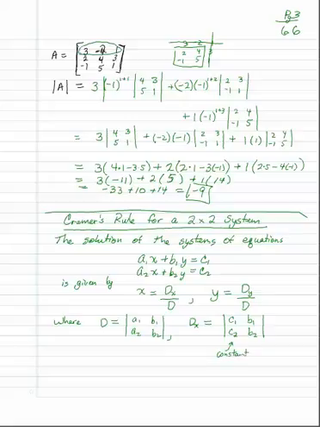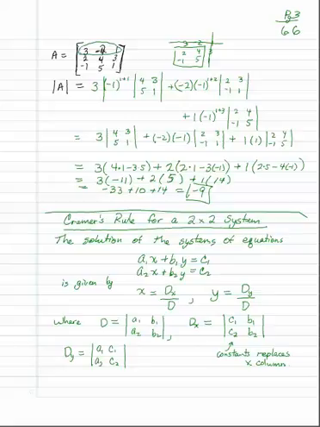So the constants replace the x column. Okay, and then d sub y, you're going to replace the y column and put the constants in place of the y column. The x column will stay the same. Okay?